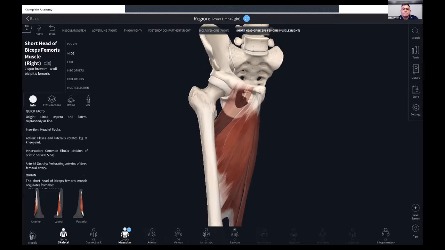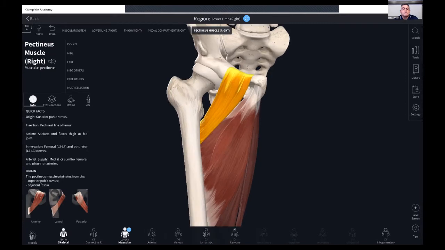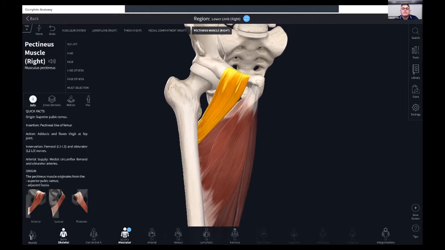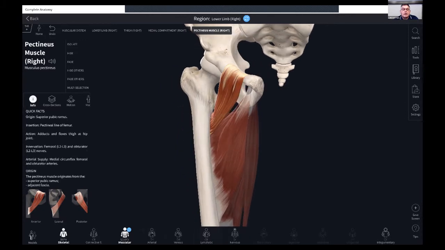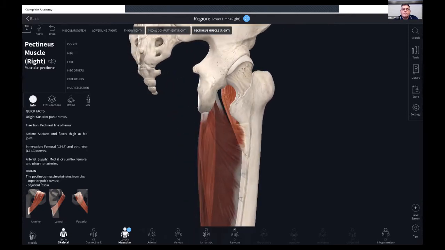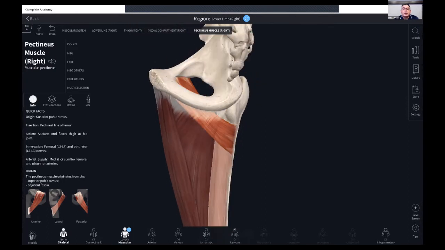So very first, let's start more proximally. Pectineus, as you can see, its origin is on the superior pubic ramus. It inserts into the pectineal line of the femur. I'm going to rotate a little bit here, so it comes almost to a posterior orientation.